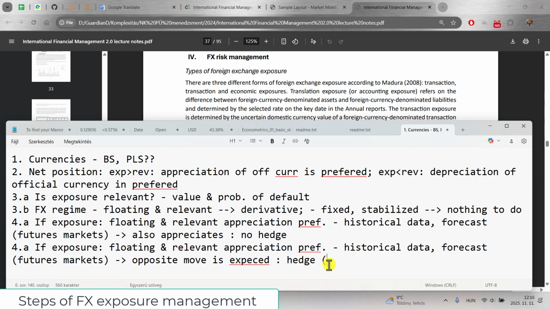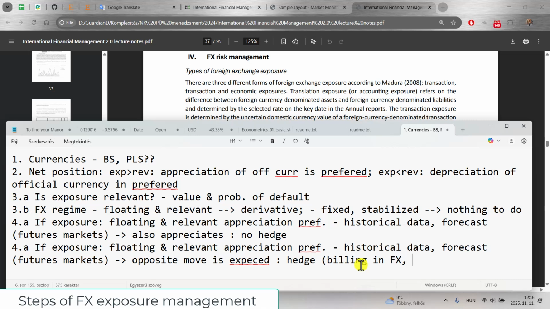So this is the simplest way: let's start providing services in this country to have some revenues, or let's start to bill in this currency to have some revenues.